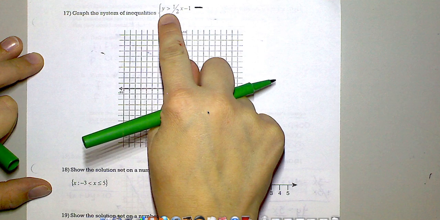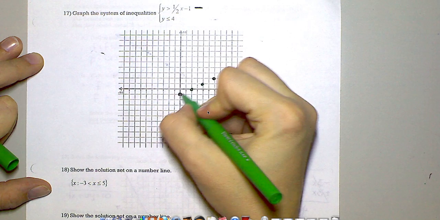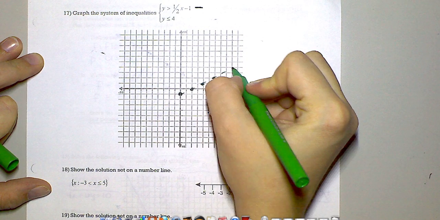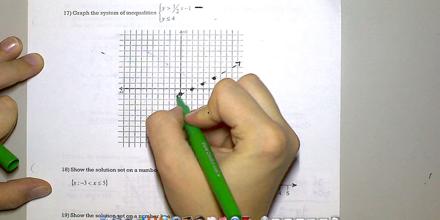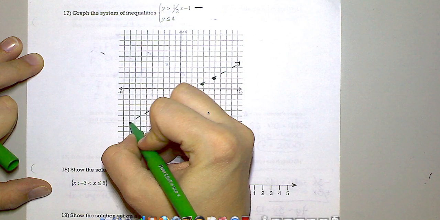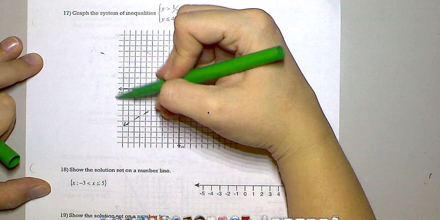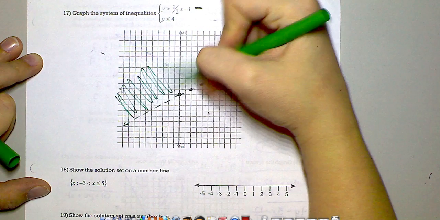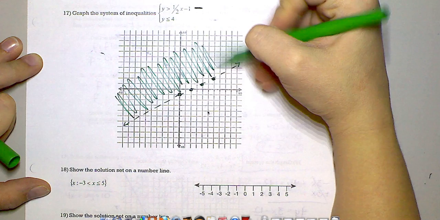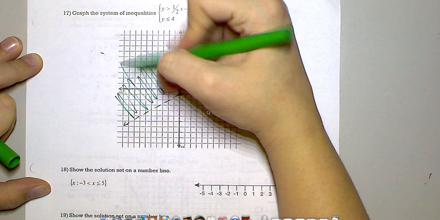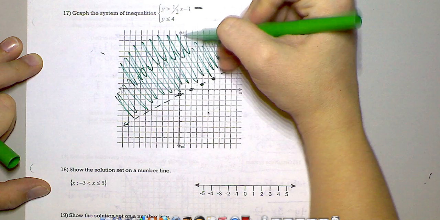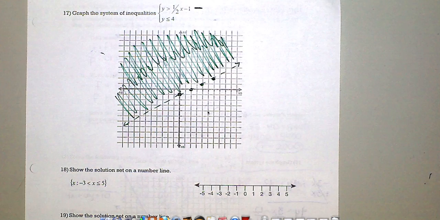No equal bar here, so I am going to do a dotted line through these points. And this is greater than, so that means I am shading everything above the line. And do a nice thorough job shading so that when you do your second set of shading, the overlap is really clear. Okay, so there's my first equation.